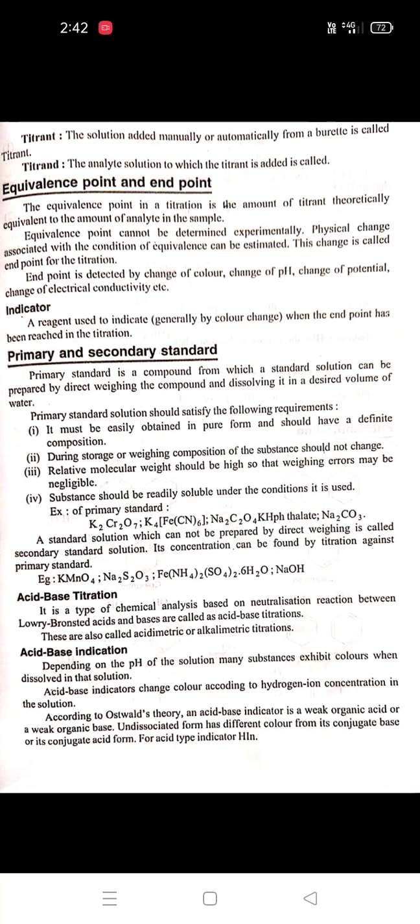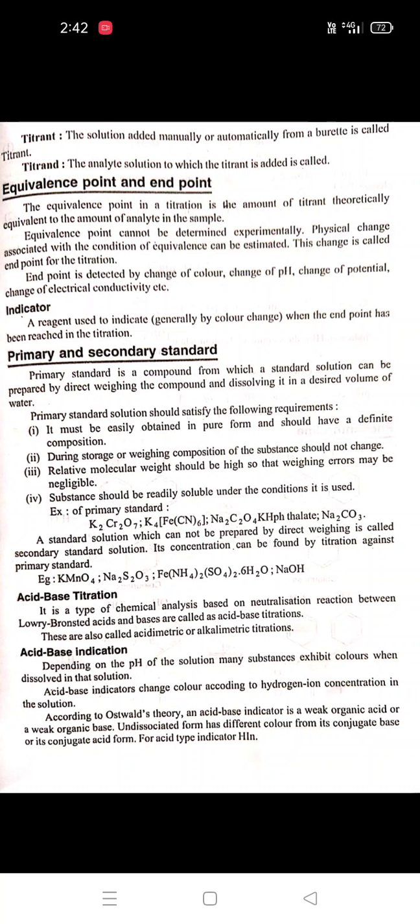If the molecules are more in the solution, it shows the molecular color; if the ions are more, it shows the ionic color. For example, if the phenolphthalein molecules are more in the solution, we get the molecule color, which is colorless. If the ionic form is more in the solution, they represent the ionic color.